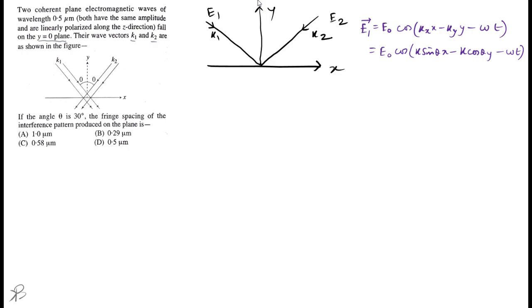And similarly, we can write E2 as E0 cos of minus k sine theta x minus k cos theta y minus omega t. Then the total electric field E will be E1 plus E2, right?